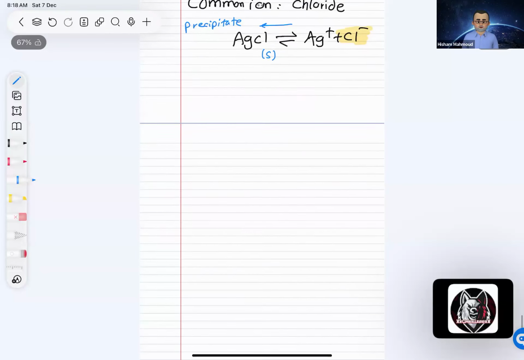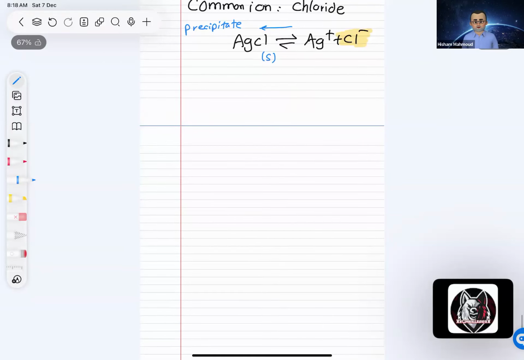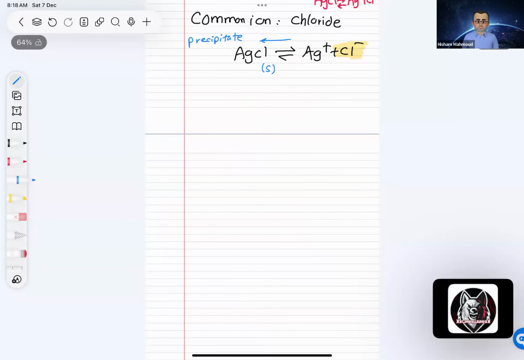So I have an example here. I have a solution of calcium sulfate, CaSO4.